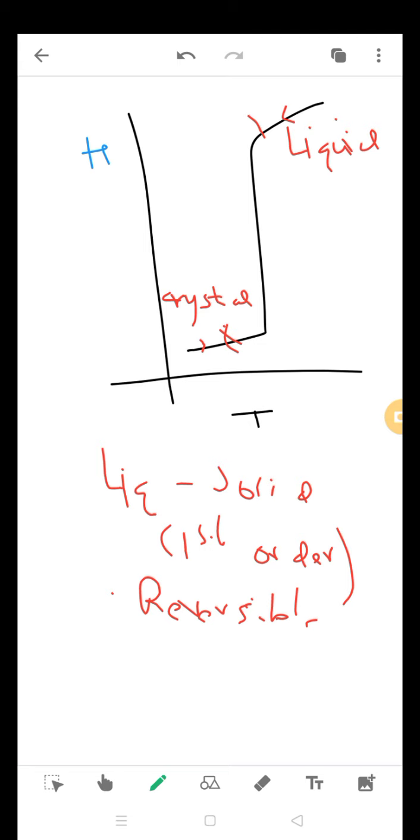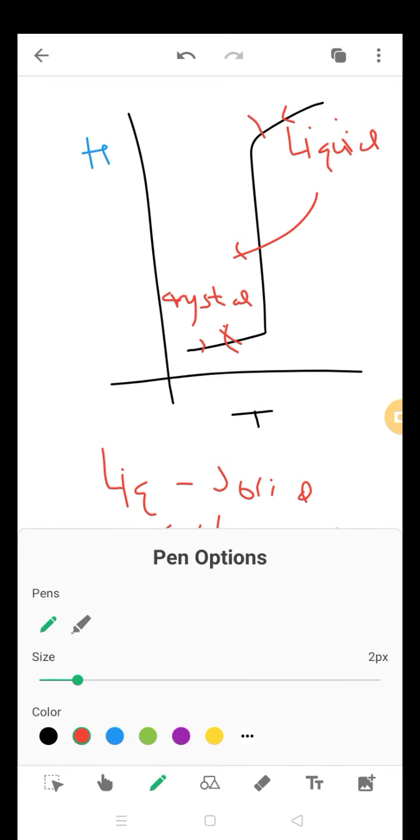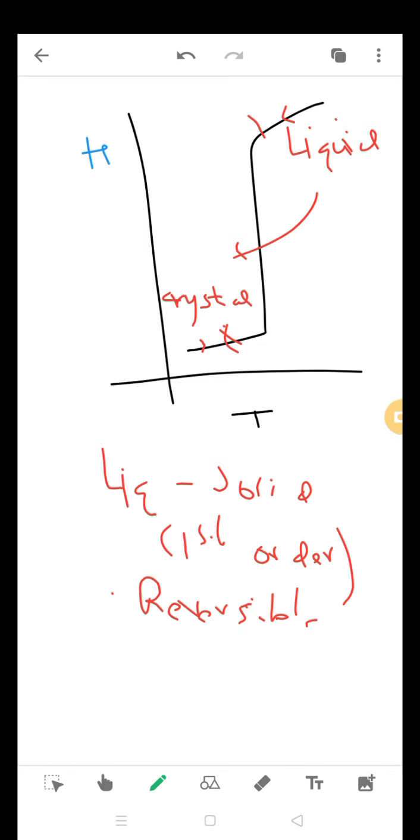Now, as we see that we need to cool the liquid to a crystal, the cooling process is important, and due to this we come to another term. It's called a supercooled liquid.